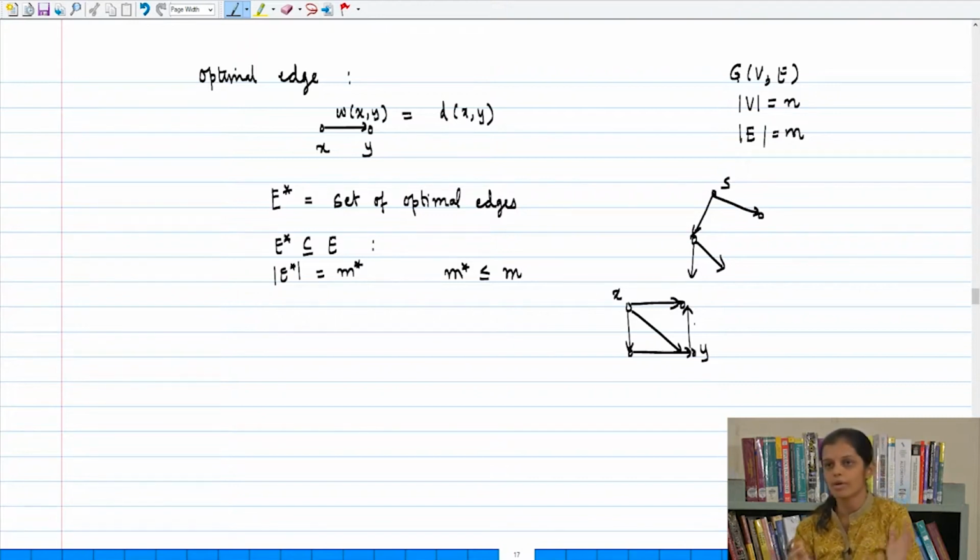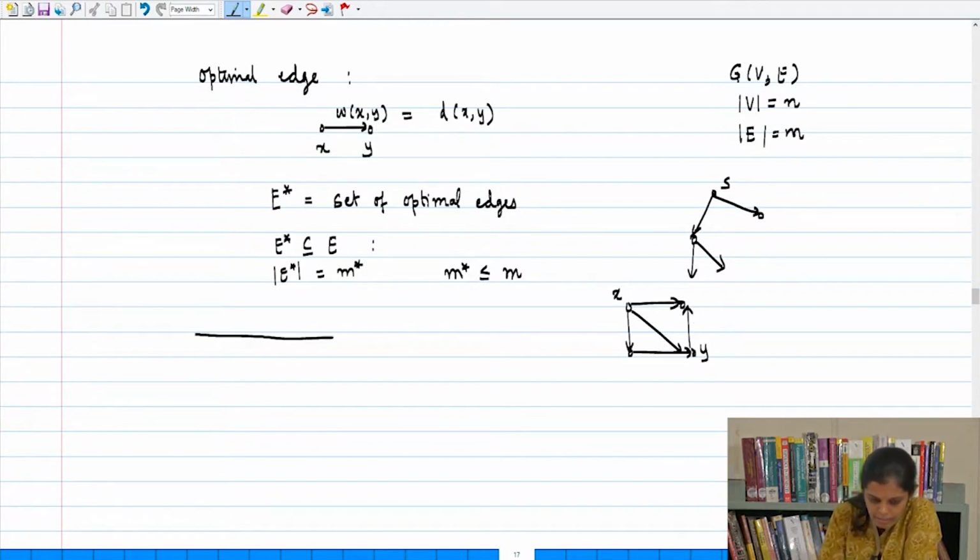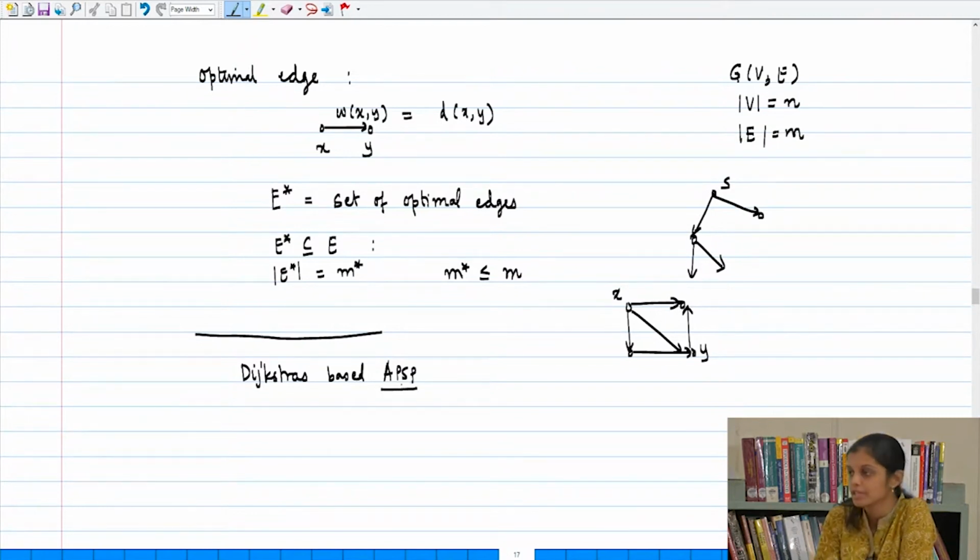We do not know what this set E star is when we begin our algorithm, but the goal of this hidden paths algorithm is to come up with an all pairs shortest paths algorithm which runs in time... let me recall Dijkstra's based APSP, where APSP means all pairs shortest paths, and I will recall the complexity.